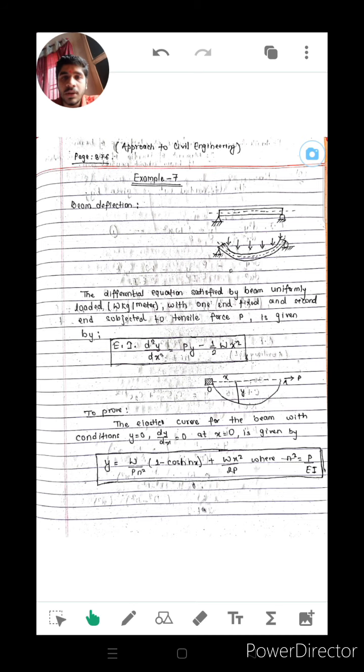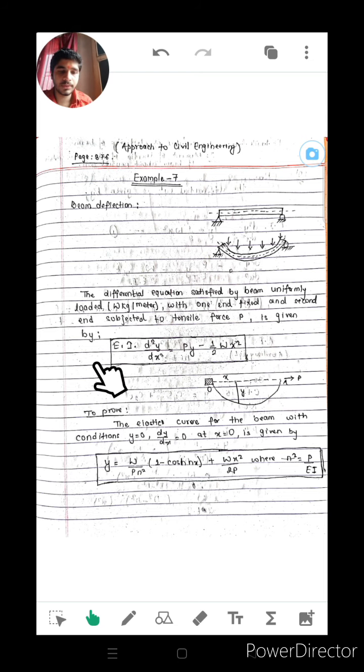So, today we'll be discussing beam deflection and we'll try to prove the elastic curve of a beam with the condition y equals 0, dy by dx equals 0 at x equals 0. We have to prove this part, and given is this part.